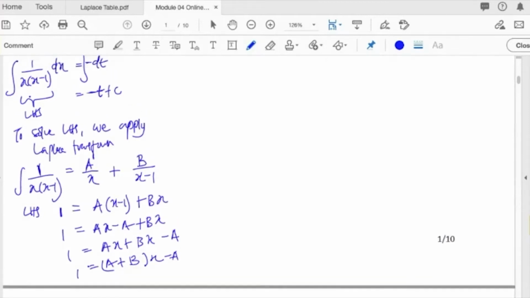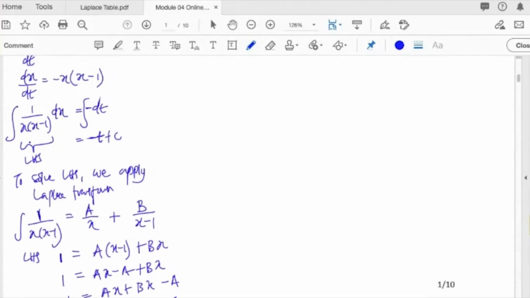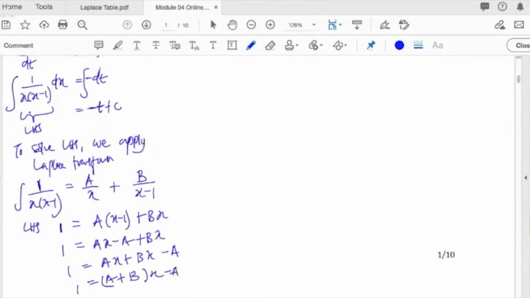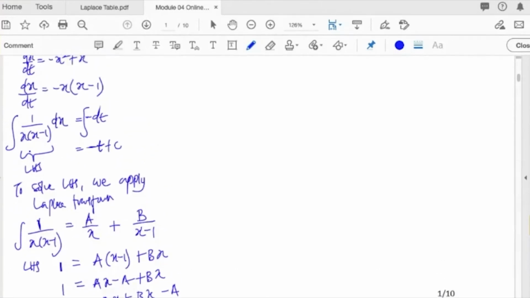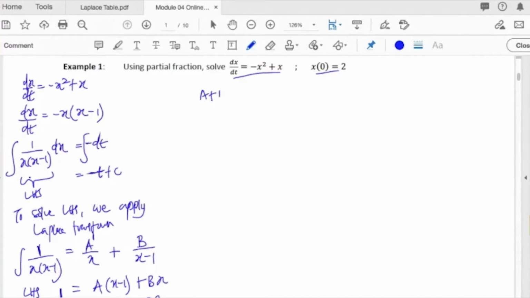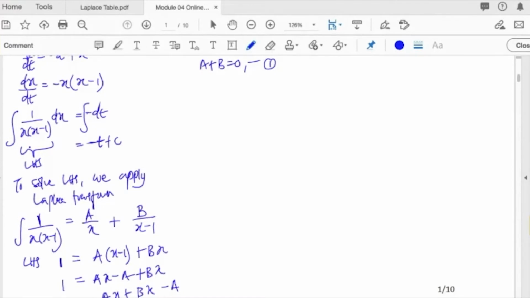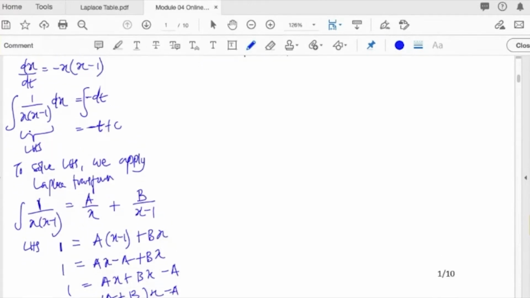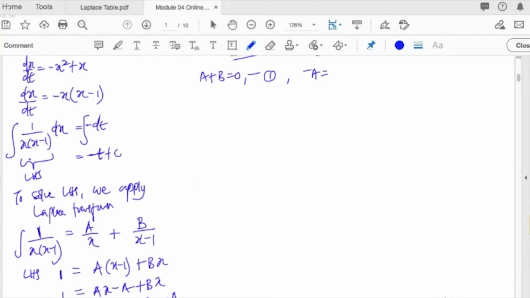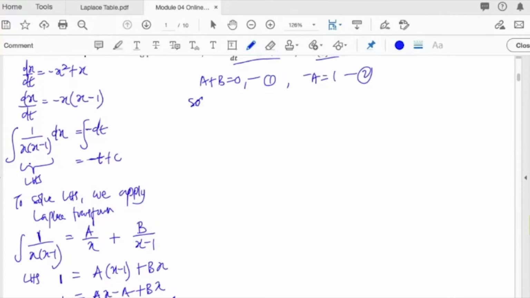So we have 2 equations there. We can say a plus b equal to 0, and that's our first equation, and our second equation is negative a equal to 1. If we solve equations 1 and 2, we get a equal to negative 1 and b equal to 1.